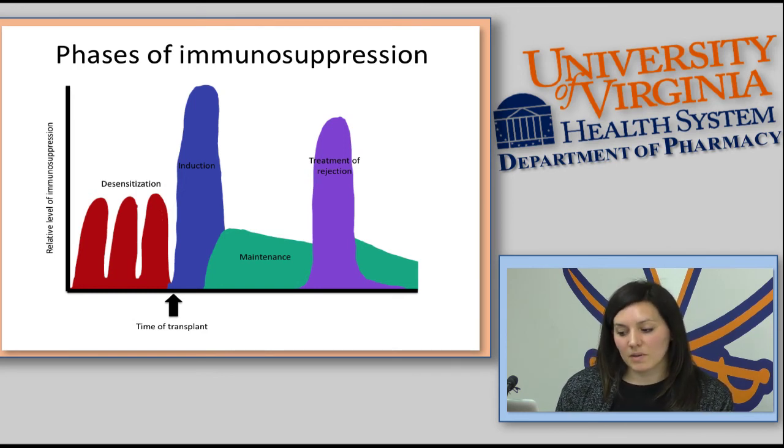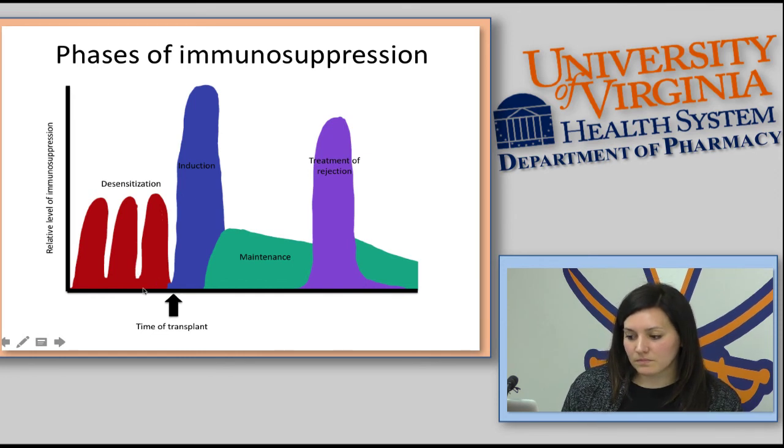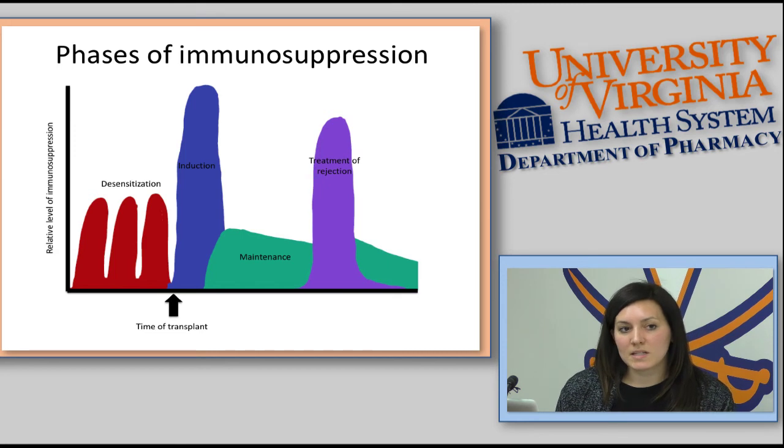So prior to transplant, we sometimes use what's called desensitization. These are the red area of the graph shown here. We use desensitization if a patient has identified a living donor that is compatible but maybe is not perfect.